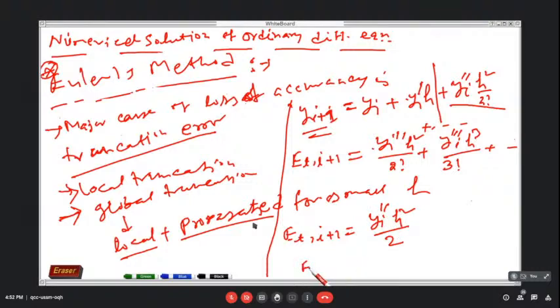That means this is the local truncation error, this is proportional to your h square. ये हम पहले भी देख चुके हैं, right? This kind of relationship, how the truncation error depends upon my h value or the step size. So this is the relation between truncation error and the h. That means if you have small h, then you have a possibility of less error in your calculation.